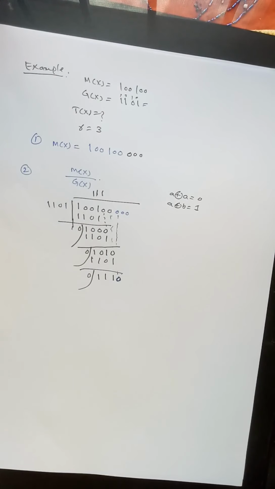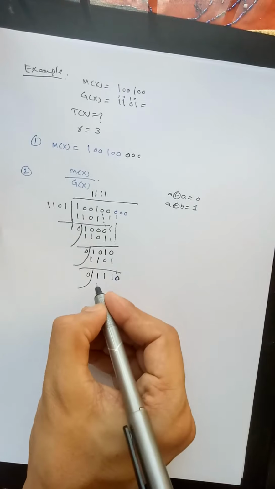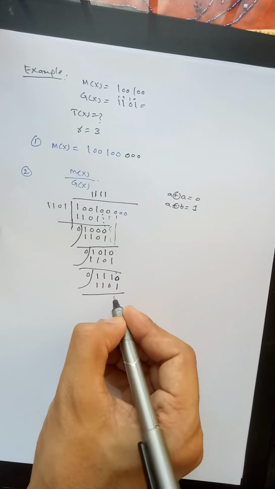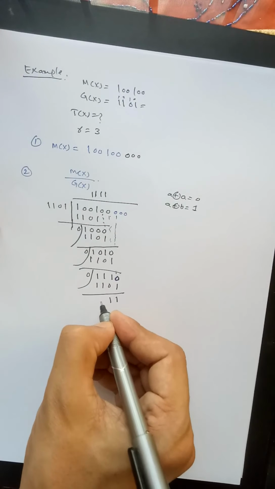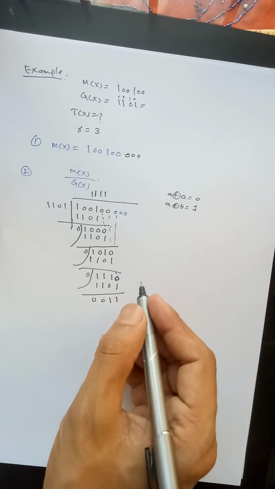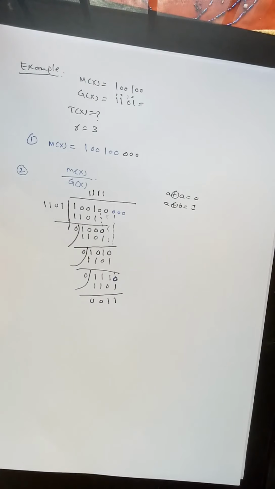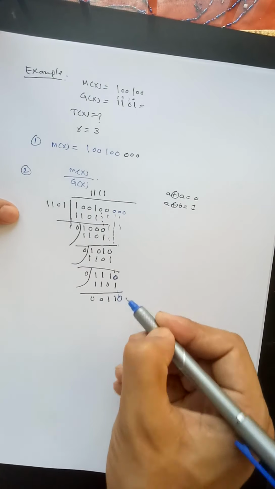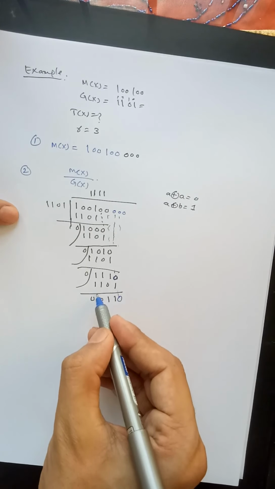And then again you can use 1, so 1 1 0 1, we get 1 1 0 0, we got 2 0s, so you can bring this 0 here. Okay, so discard this 0.